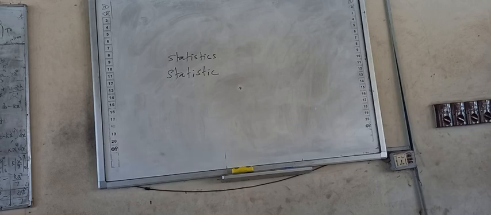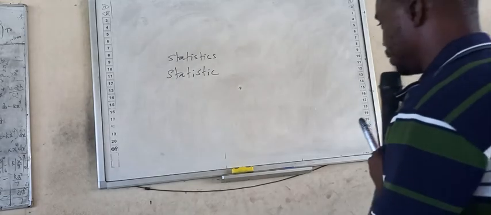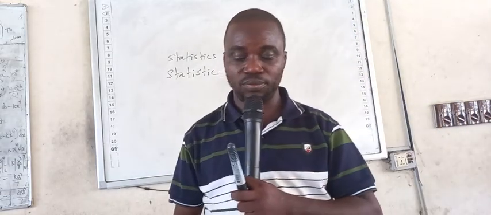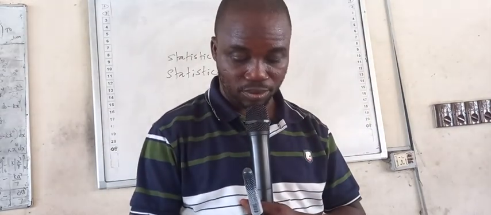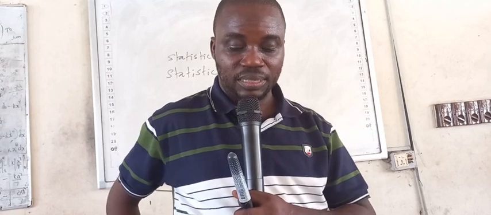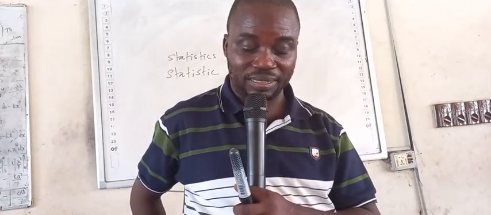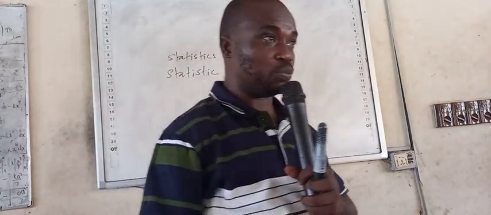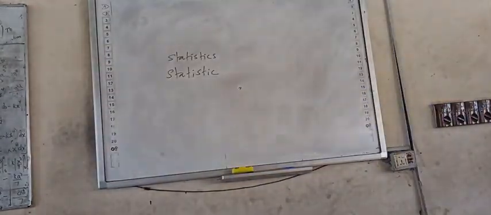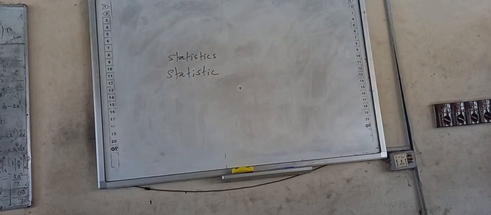Parameter is a numerical value. Yes, it's a numerical value that summarizes the population, full stop. It gives the summary of the population.